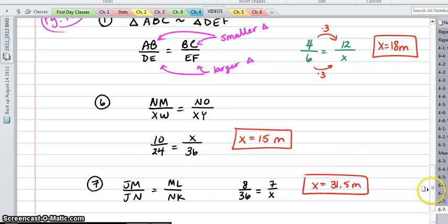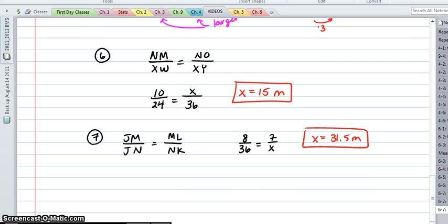Cool. Taking a look at number 8, this one's a little bit trickier only because of the orientation of the triangles, and that's again why you want to pay attention to those markings and which side represents what side. If you are given some rectangles or triangles or any other shape that do not have labeled vertices, if you'd like to label them yourself, go ahead. That's fine. But in this case, I'm going to use the angles to help me figure out which side corresponds to which.